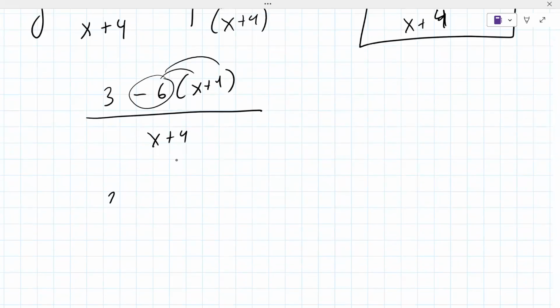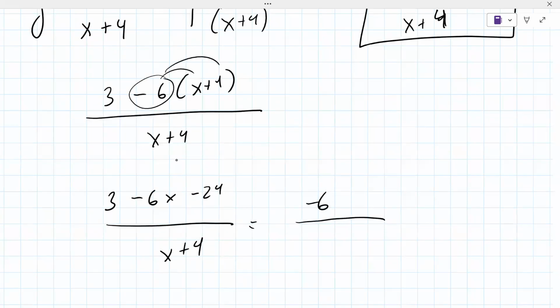And so my guess is that's where the error occurred. -6x minus 24. So it becomes -6x minus 21 over x plus 4. Oh, okay.